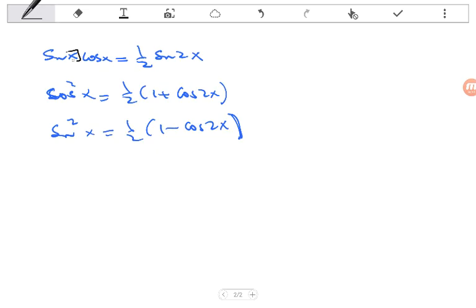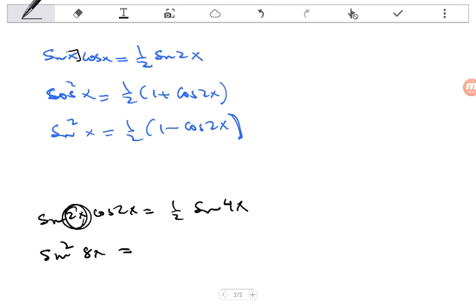It mustn't be just x; it works for any angle. For example, sine 2x cosine 2x will be half sine double the angle, which will be 4x. If I have sine squared of 8x, what will be its reduction formula? Half 1 minus cosine double the angle, which will be 16x.